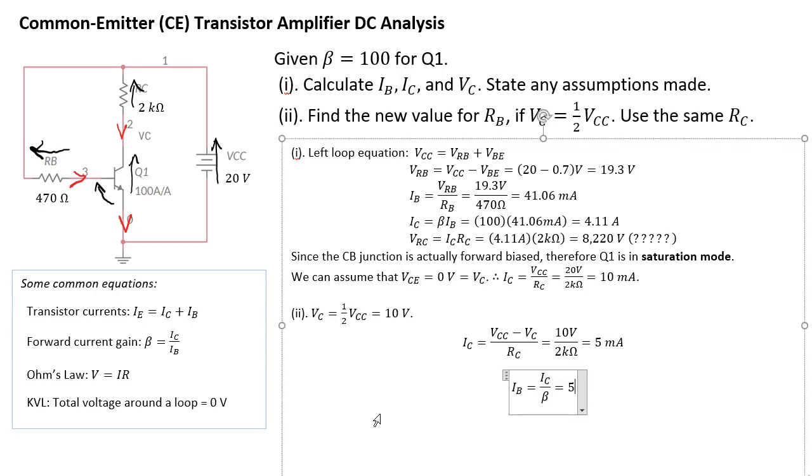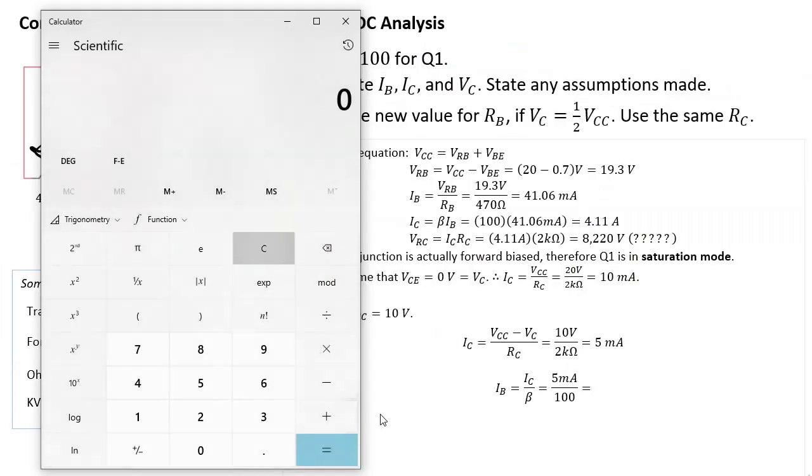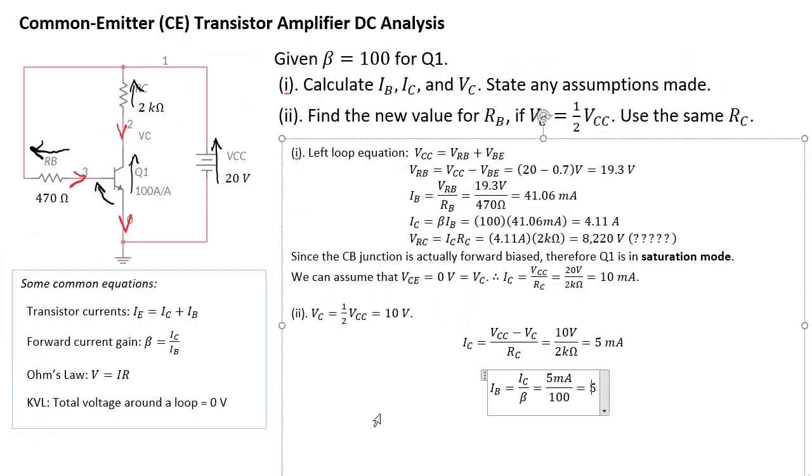So that's 5 milliamps divided by 100. So 0.005 divided by 100 is 50 microamps.